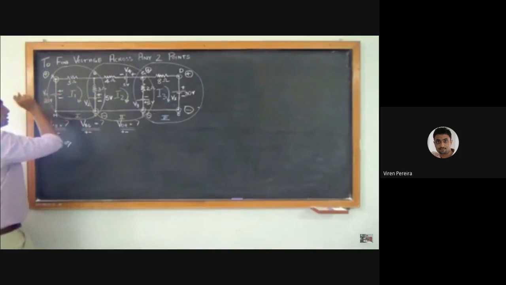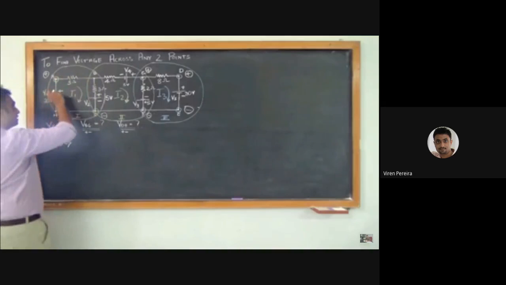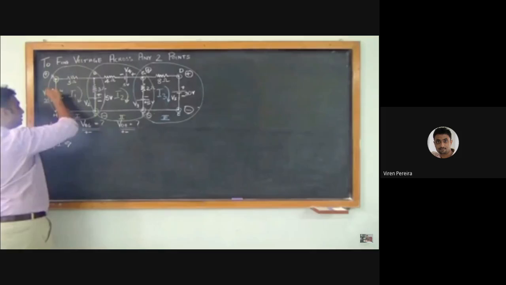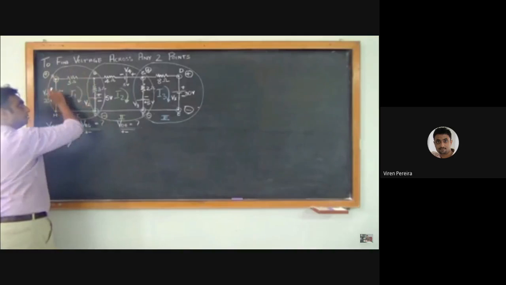Now, the current developed due to V1 will always move from positive to negative. So we'll trace that due to V1. This is V1, we have the positive terminal here. So current will start from positive and go to negative in this particular loop. See how my finger is moving? It's moving in the clockwise direction.